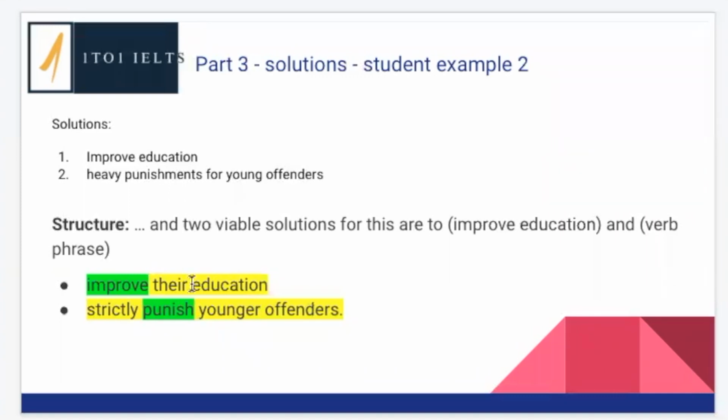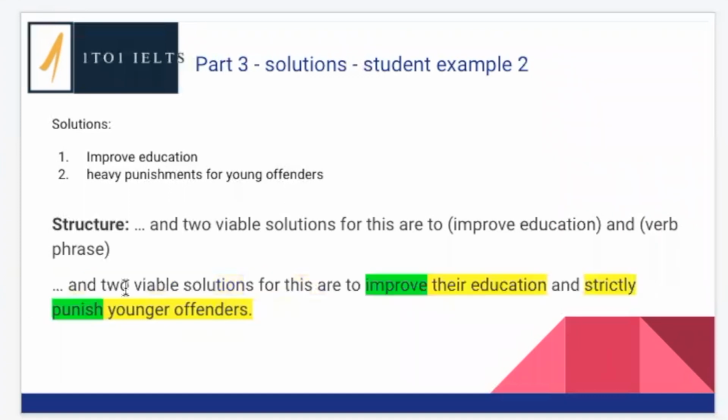However, once again, like the previous example, we have two verb phrases. All we're going to do is take these verb phrases and insert them into our formula. The two viable solutions for this are to. Verb phrase 1, improve their education, and verb phrase 2, strictly punish young offenders.